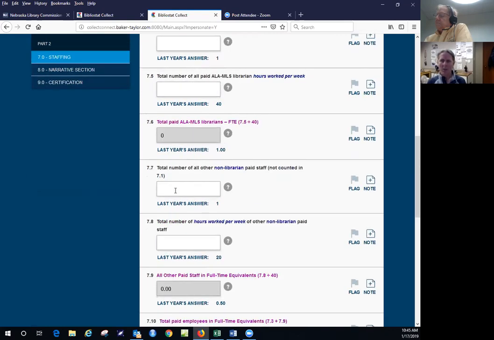And then in 7.7, this is where you put everybody else, non-librarian paid staff. Sometimes you have bookkeepers, cleaning people, an IT person sometimes. If they don't have librarian in their title and they don't work the reference desk regularly, you would maybe count them under 7.7.